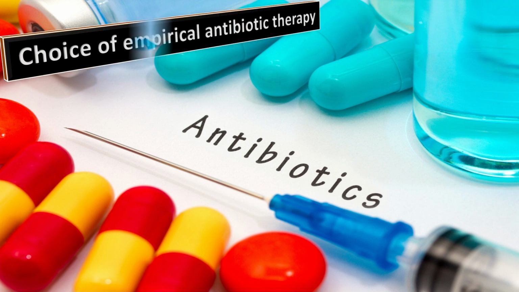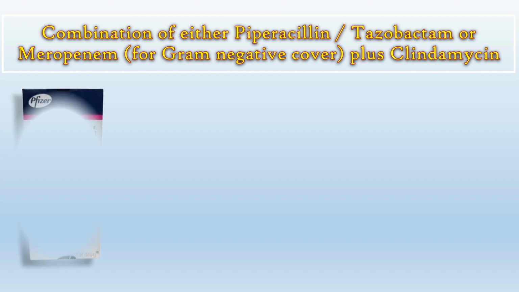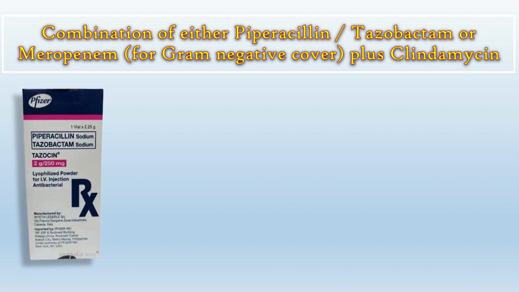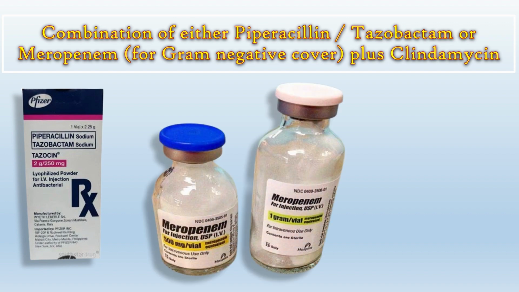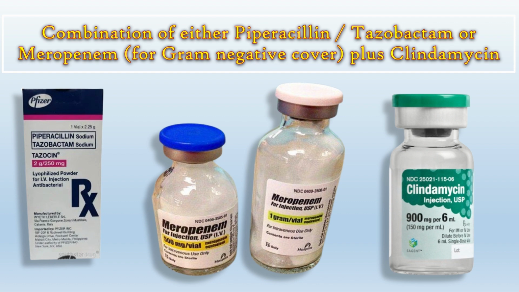Now, choice of empirical antibiotic therapy should be guided by local epidemiology, reflecting the incidence of resistant organism within that geographical area. For life-threatening sepsis, where the sensitivity of the organism is unknown, a combination of either piperacillin tazobactam, that is Tazocin with the brand name, or meropenem for gram-negative cover, plus clindamycin for gram-positive and anaerobic organism, provides a very broad cover.